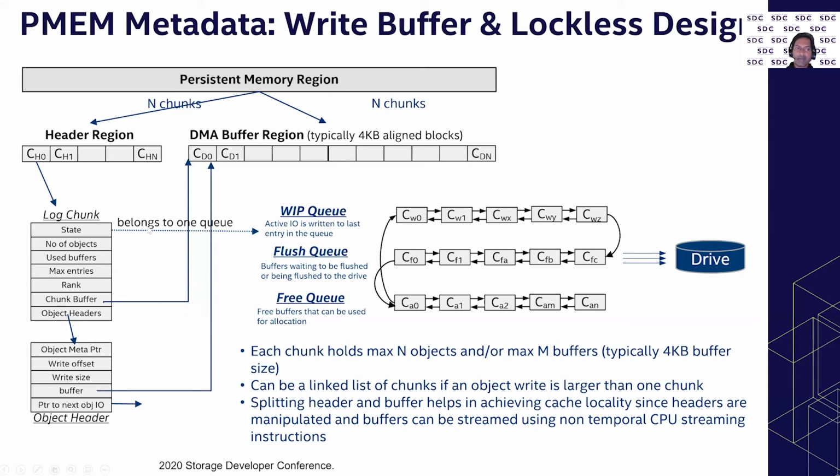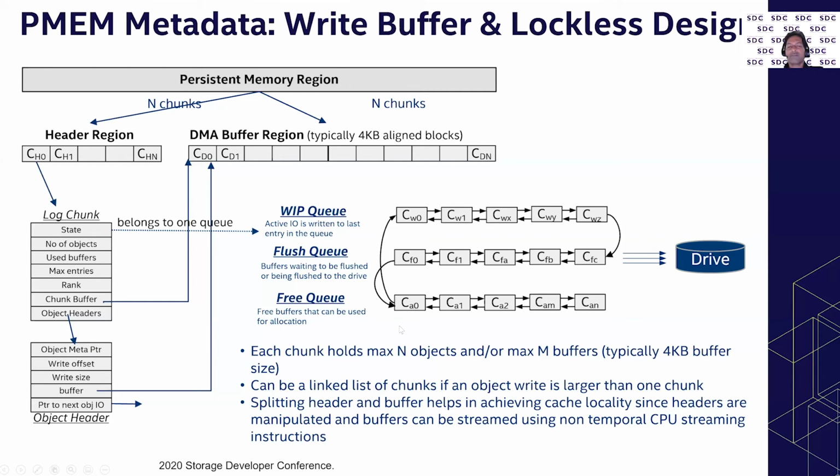And then you have a design on the logging and chunking where you're operating on a very small data set to change the state to whether a chunk is used or not, how many objects are part of a chunk. And then when the number of objects goes down to zero, you are essentially changing just that specific field, persisting that in the persistent memory, and then pushing it to the free queue.